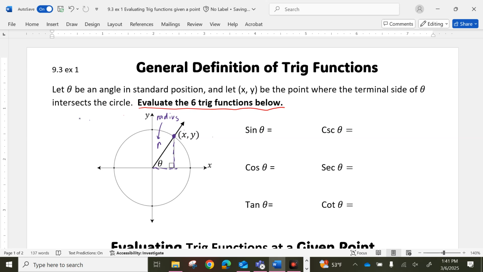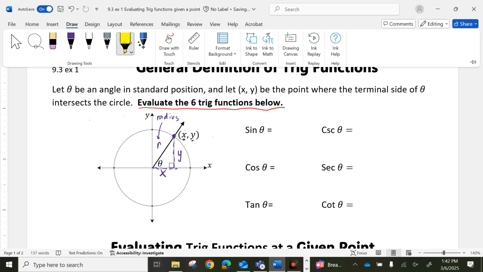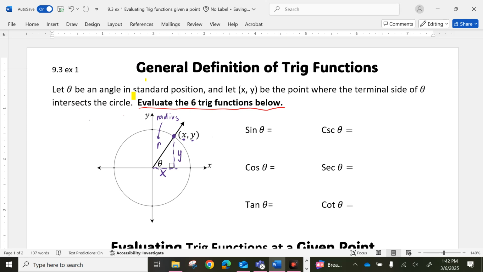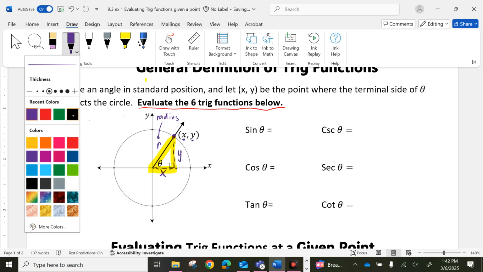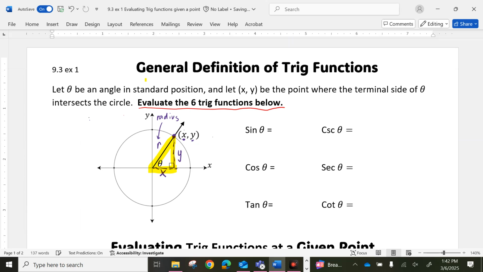So here's what I mean. This point x, comma y, this x is the horizontal distance, and this y is the vertical distance. So in terms of this triangle, that horizontal distance x and that vertical distance y will, together with the radius, create a right triangle.